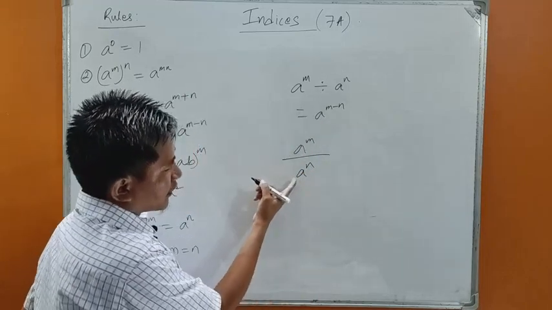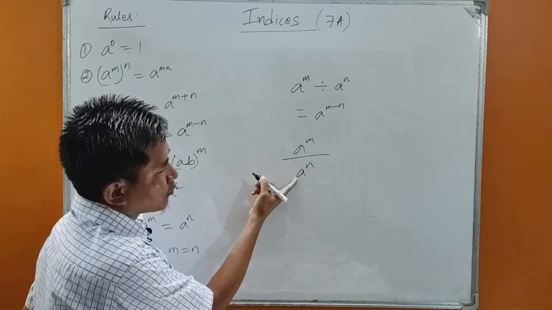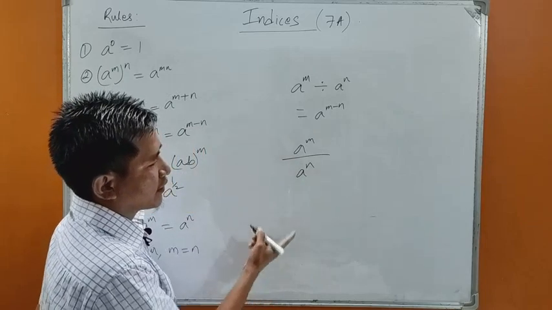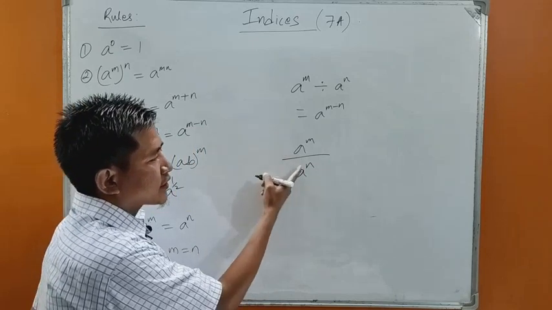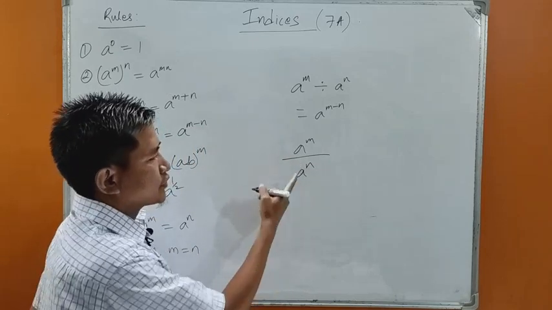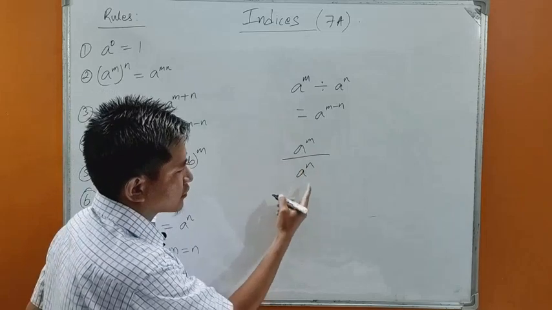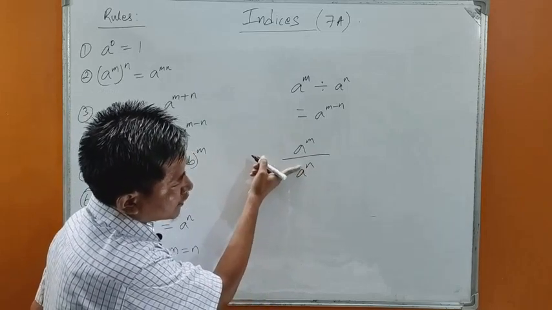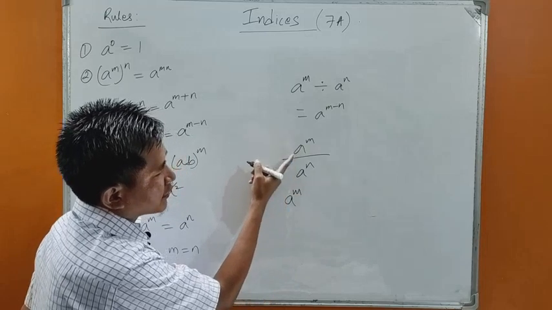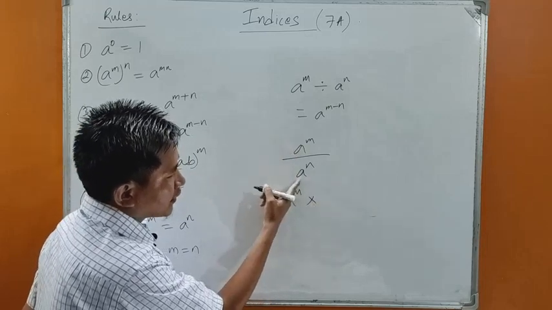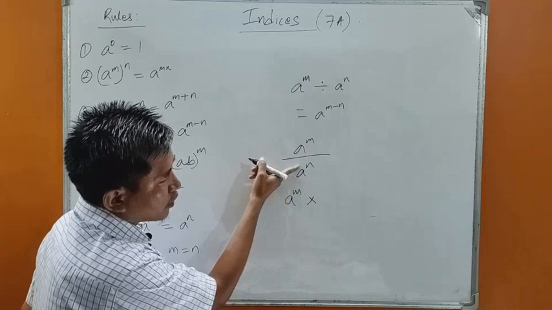When you bring the number from the denominator to the numerator, the sign of the power changes. If this is plus, then this becomes minus. Now here you can see the power of a is plus n. a to the power m is already in the numerator, into this a has the power plus n.